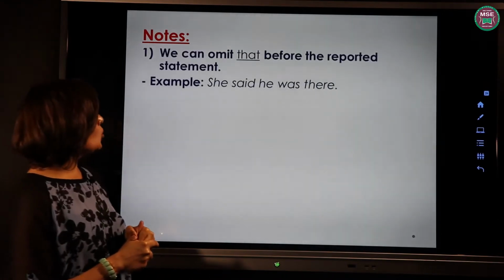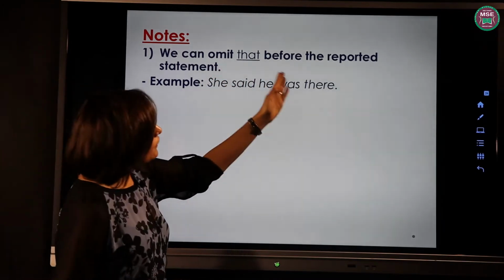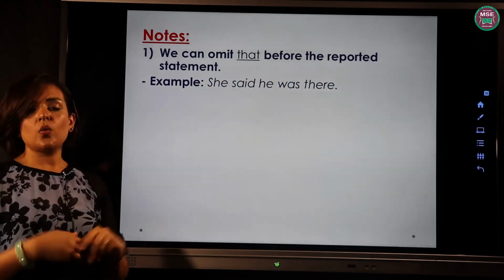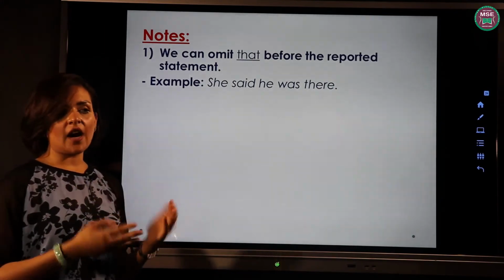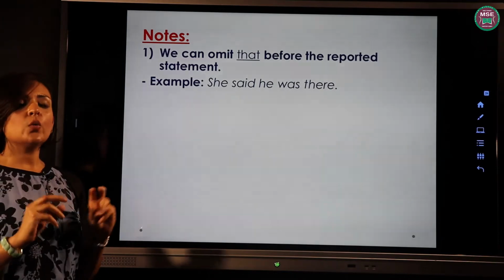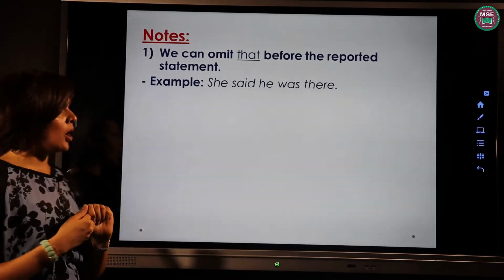Here we have a note. He says, we can omit that before the reported statement. So when I change to indirect, I have to remove or omit the quotation marks. We usually use the word that instead of the quotation marks.